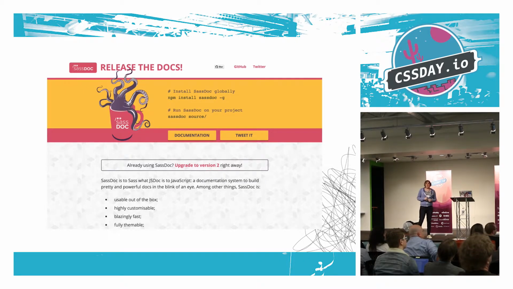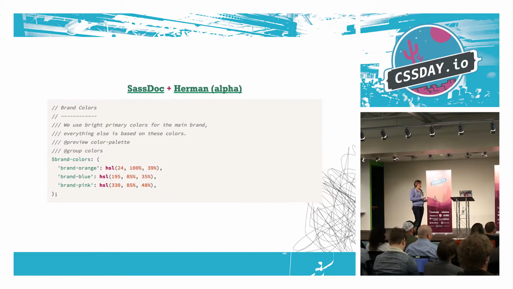Our tool is built off of SassDoc, which is not built for Styleguides, it's built for documenting Sass code, but it's very handy. And we've just adapted it a little bit. Our project is called Herman, it's still very much in alpha, and I don't know if it'll ever be useful to you, but we're using it.